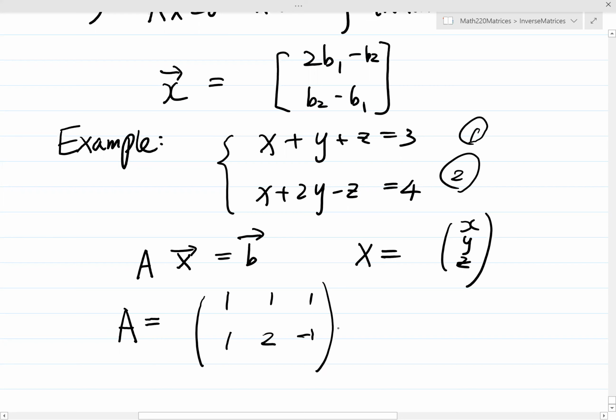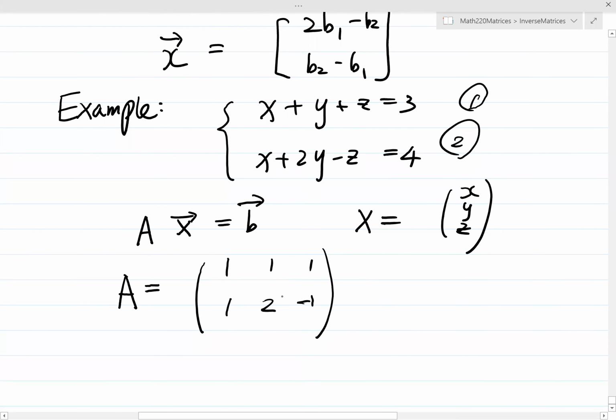Okay. So you can do the row operations. These 2 row vectors are clearly linearly independent because they are in different directions. You see 1, 1, 1, and 1, 2, negative 1, different directions, because one is not a multiple of the other.